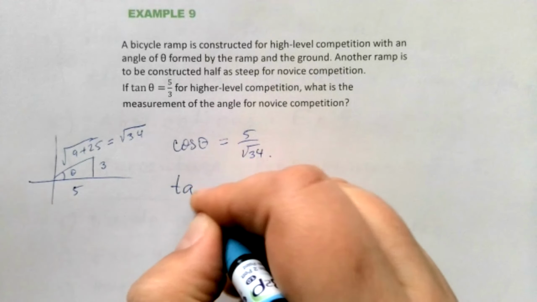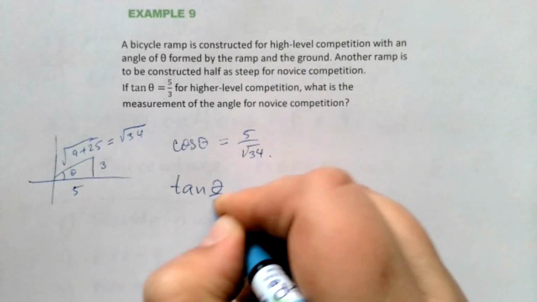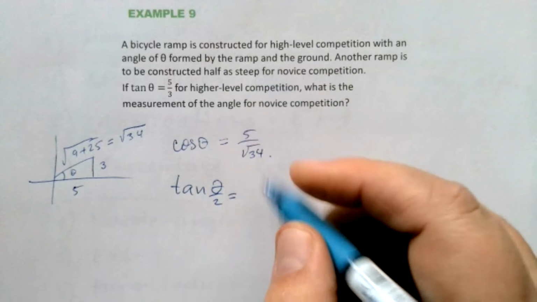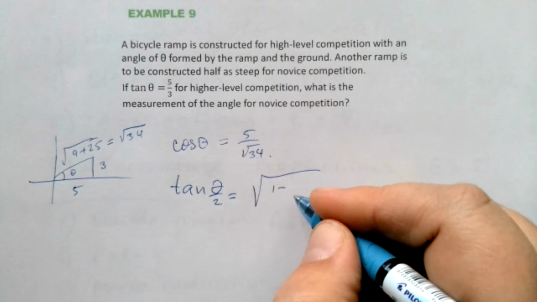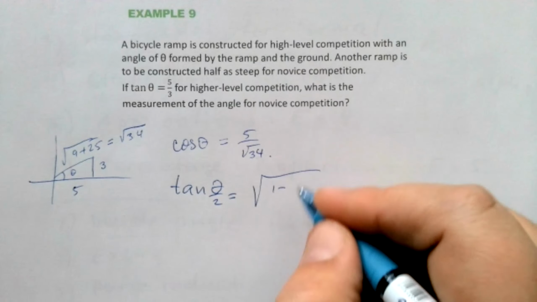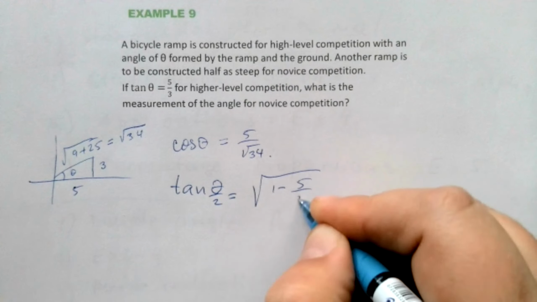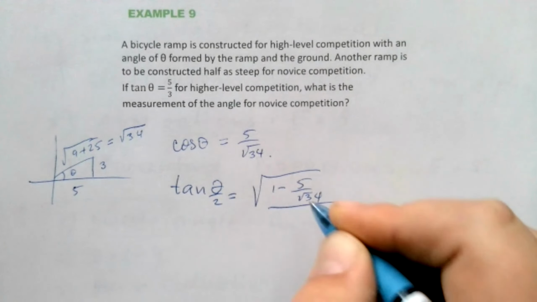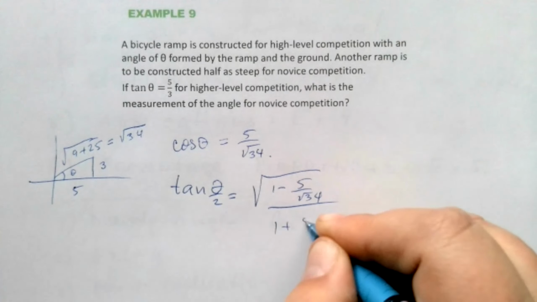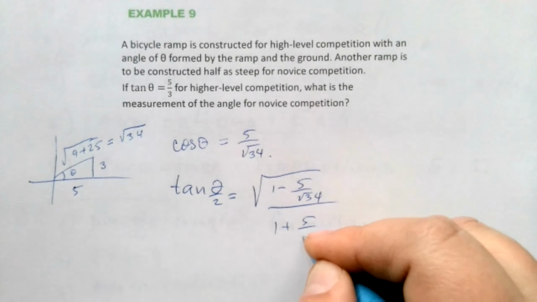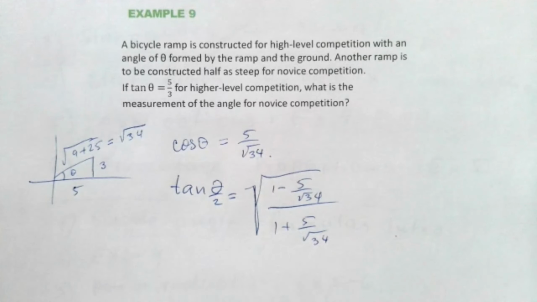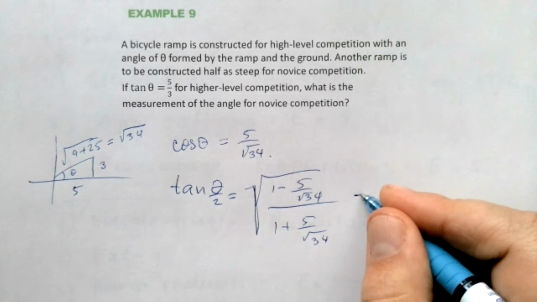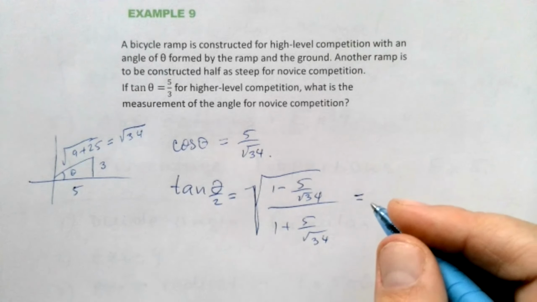So tangent of theta over 2 is the square root of 1 minus cosine theta, so 5/√34, divided by 1 plus cosine theta, 5/√34. Again, this root covers everything. And theta over 2 is in the first quadrant, so it's going to be positive as well. So let's go ahead and finish this.